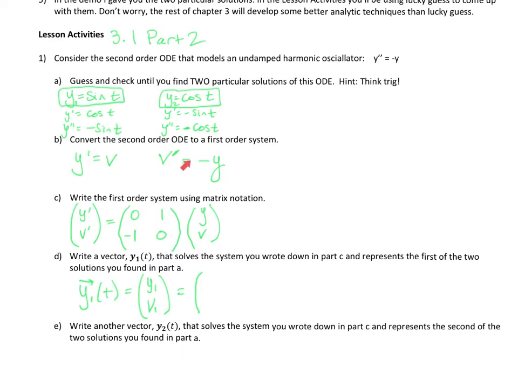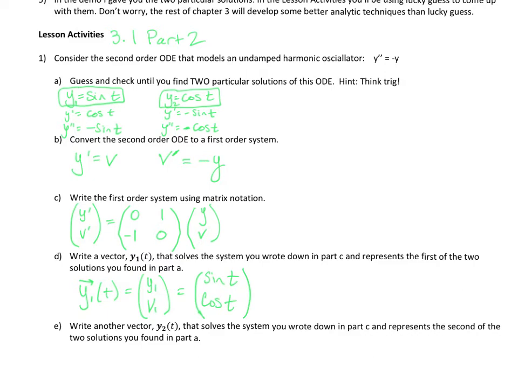They're just representing the same undamped harmonic oscillator in two different ways. So I already know one solution, y1. So I have sine t. And then v1 is just the derivative because y prime equals v. So v is just the derivative, cosine t, because velocity is the derivative of position.